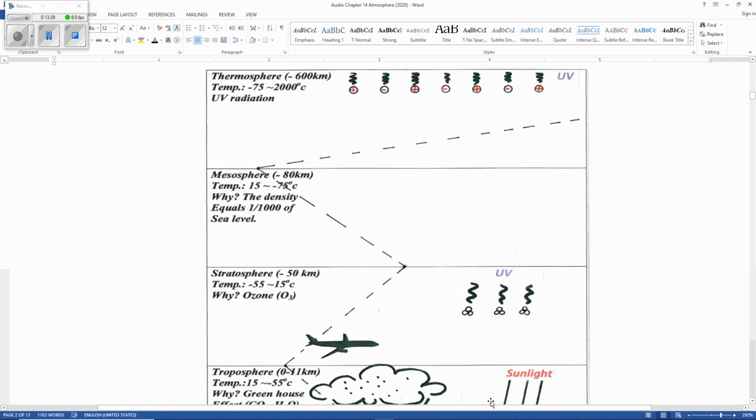In the first region, you're going to find 1,000 molecules inside. But the same box coming to here, you're going to find only one, just for the example. So that's why I say the density dropped to 1,000th of sea level. Okay, so it's pretty much empty. So that's the third one.